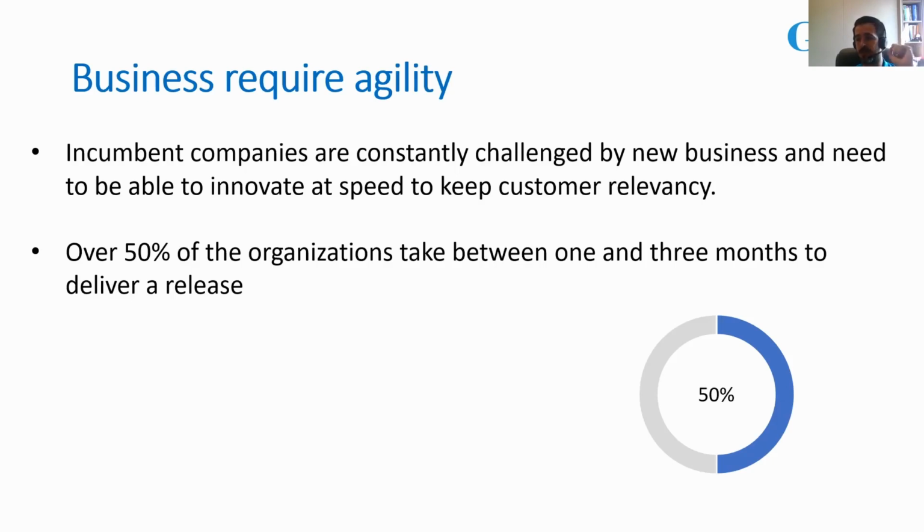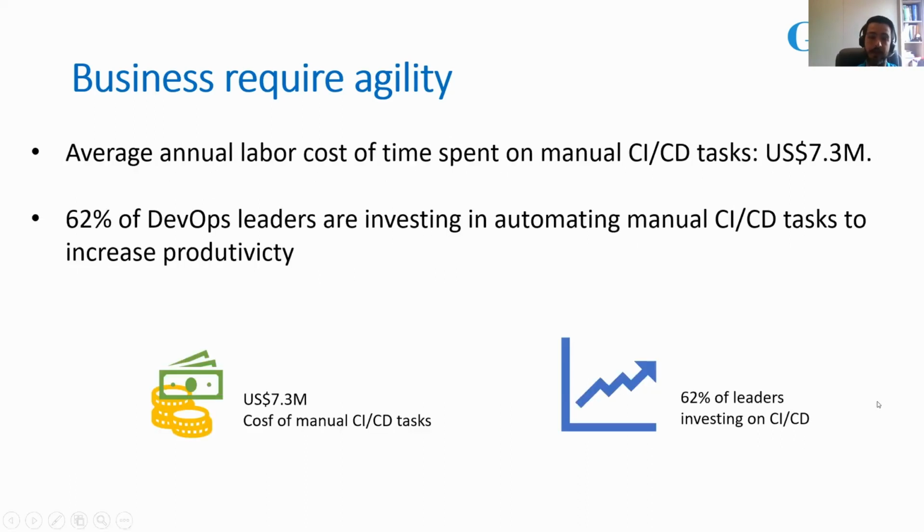So we're not just scratching everything we've done over the last 40 years and applying something new. It's just adapting and taking advantage of everything that's good so we can improve our services. That goes along with some other metrics that we have. To give you one idea, the average annual labor cost for time spent on manual CI/CD tasks is over $7 million per company.